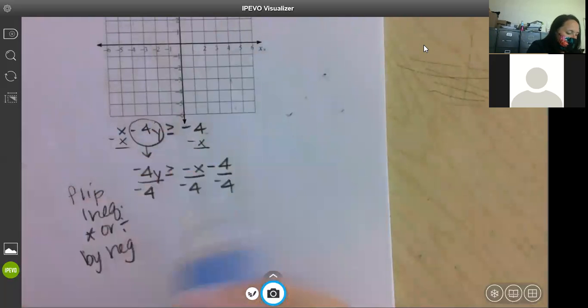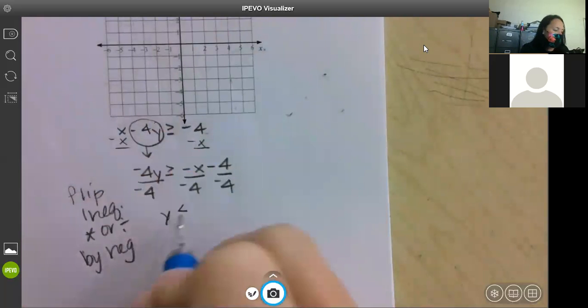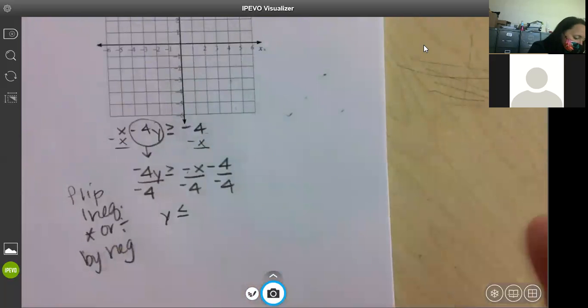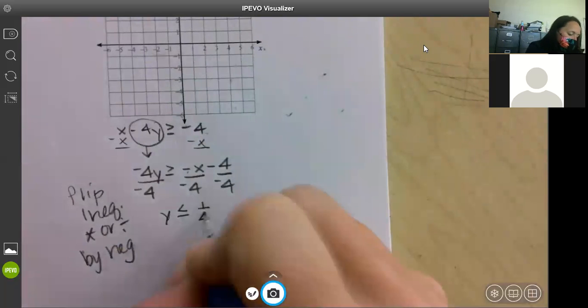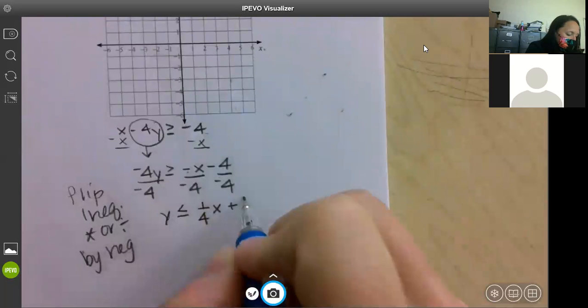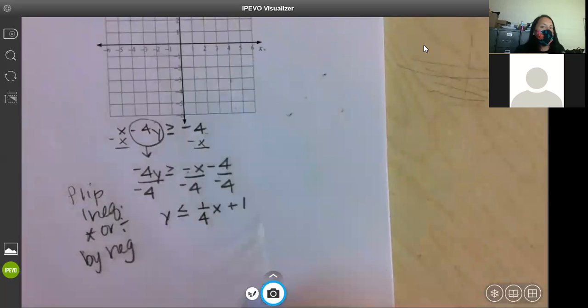So we get y, we flip the inequality sign. A negative over negative makes a what? Positive 1/4 x. Negative 4 divided by negative 4 gives you positive 1. There's your line.